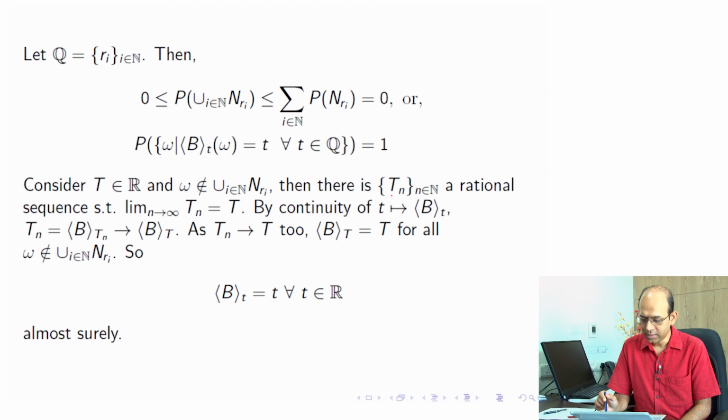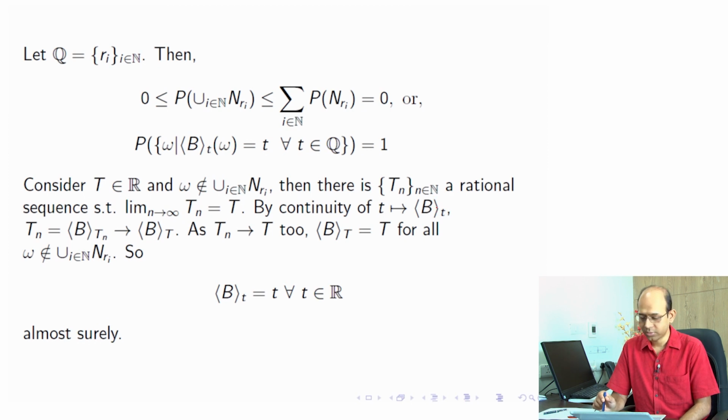Then there is a sequence of rational numbers Tn such that the limit as n tends to infinity of Tn is equal to T. This comes from the density of the rational numbers: we can always find a sequence of rational numbers converging to the real number.